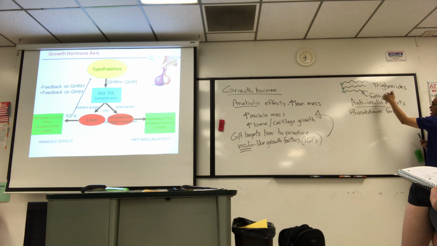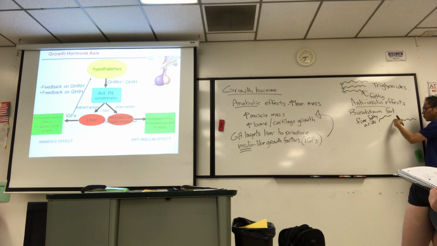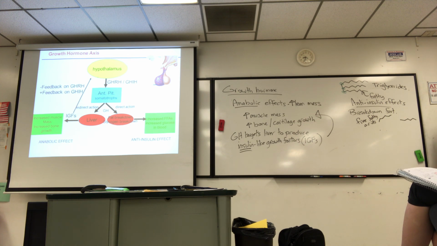These free fatty acids can enter the muscle cell, and that's what you break down. You metabolize it, you burn it. That's your fuel source. So this hormone breaks down the fat and increases the circulating amounts of these, so you can use it to burn for fuel.